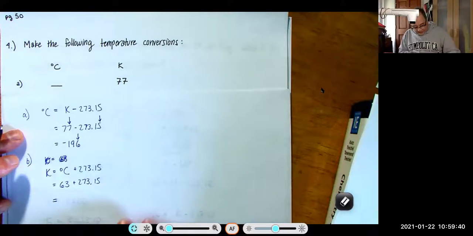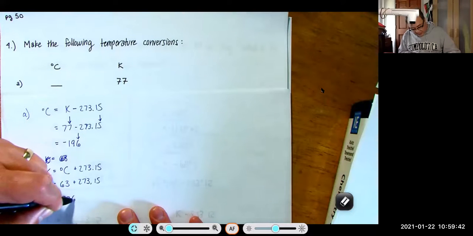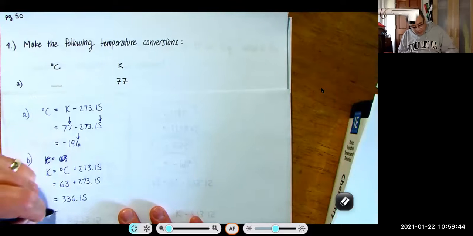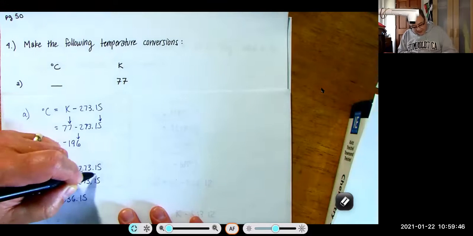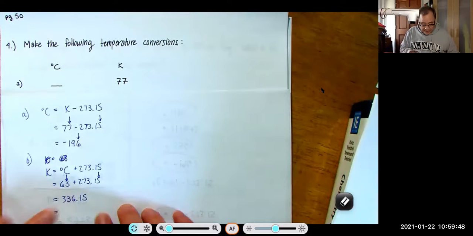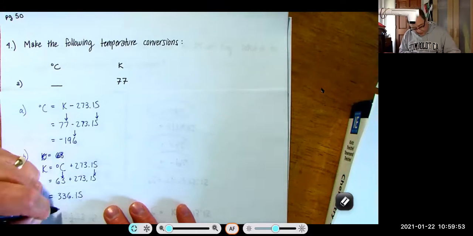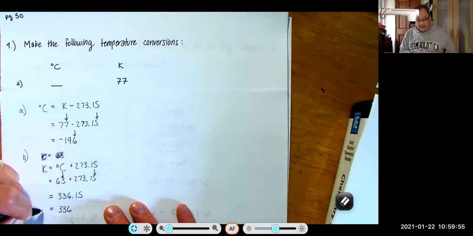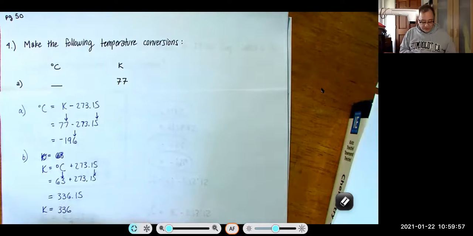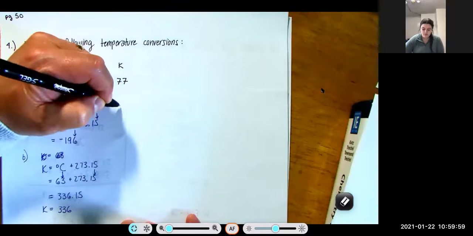And it's actually 336.15, but we would round to the ones because this is good to the ones, this is good to the hundredths, and the ones is less precise, so this would be 336, and that's the Kelvin. Any questions on B? Nope.